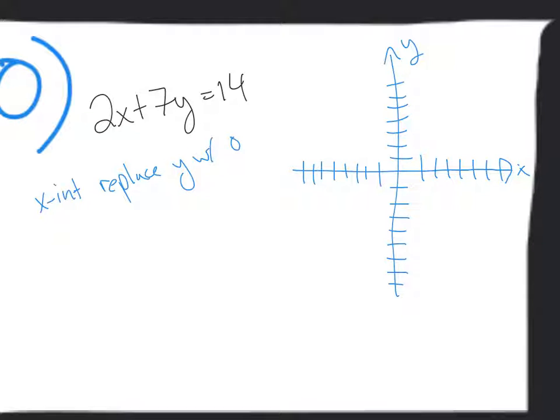So what that would look like is you have 2x plus 7 times 0 equals 14. And that essentially leaves you 2x equals 14, x equals 7.